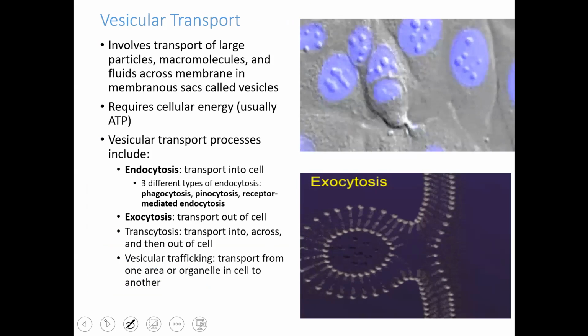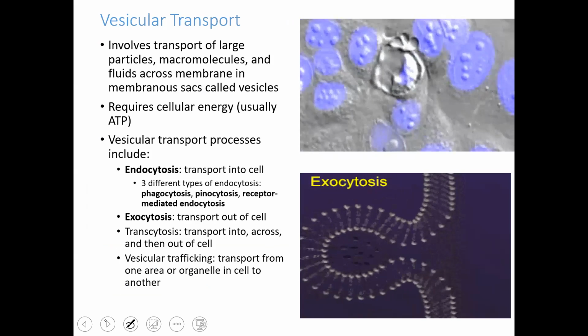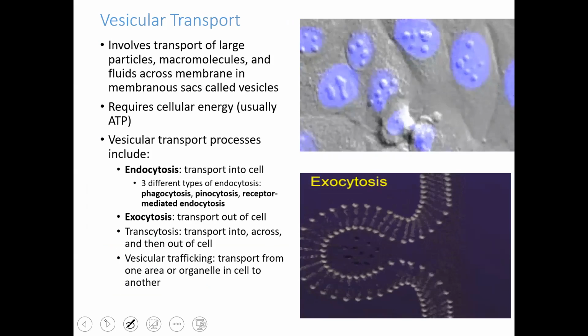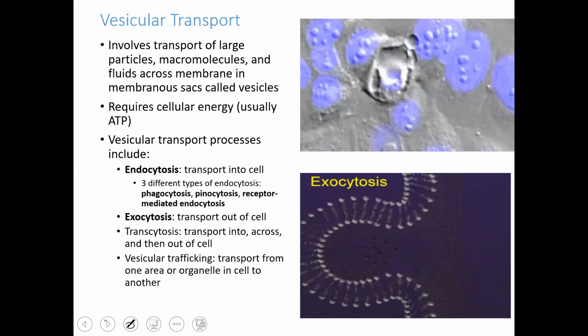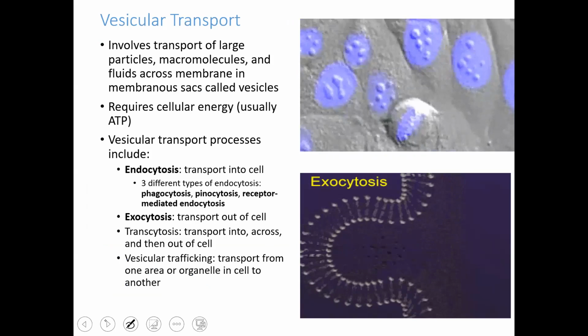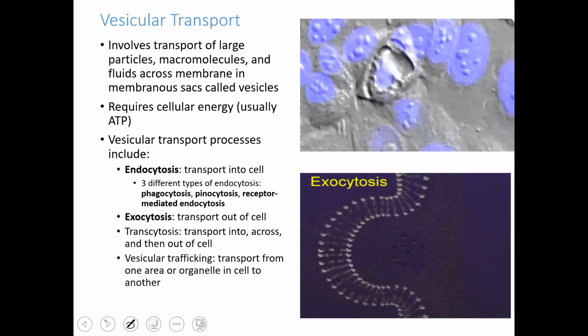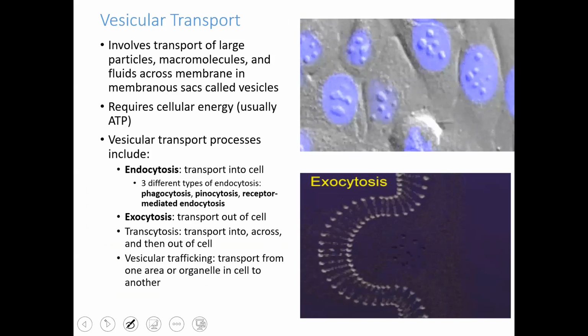So now the other example of an active type of transport with an ATP energy requirement is vesicular transport. ATP is required to physically engulf a substance and bring it into the cell, or to physically kick something out of the cell.